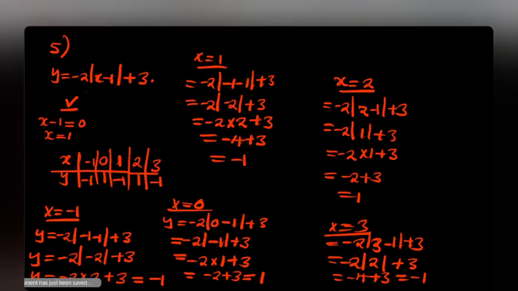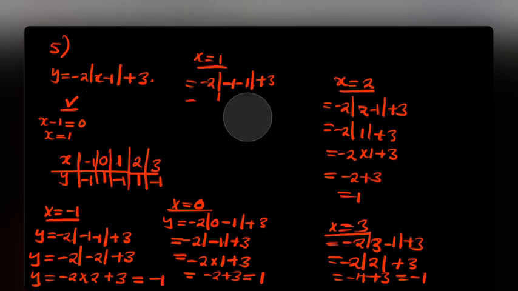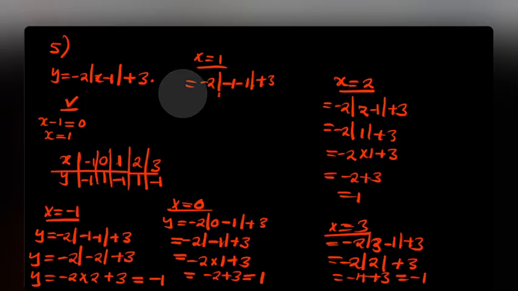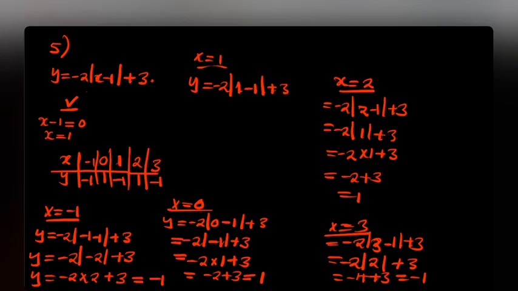So I think there's just an error when x is equal to 1. Let me just check. So for x equal to 1, let's do it again. So that's a positive, not a negative. So we have y, which is equal to negative 2, times 1 minus 1 here plus 3. So we have y, which is negative 2, then times this is 0, plus 3.